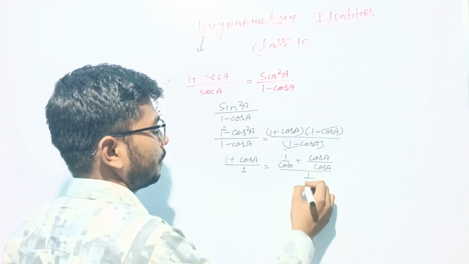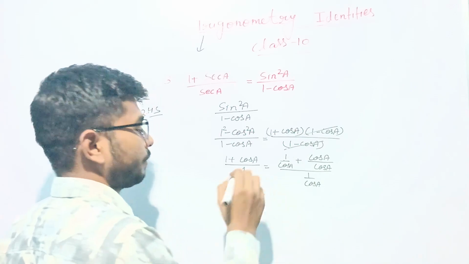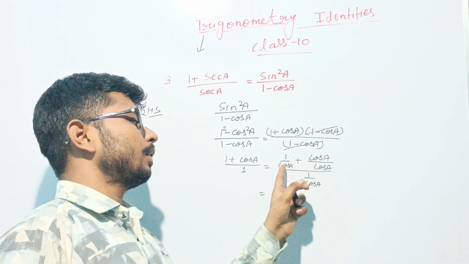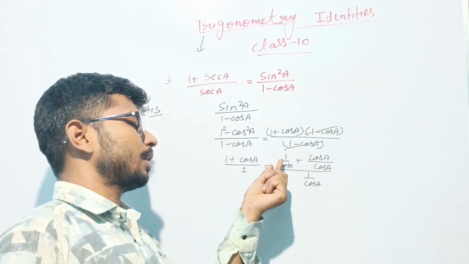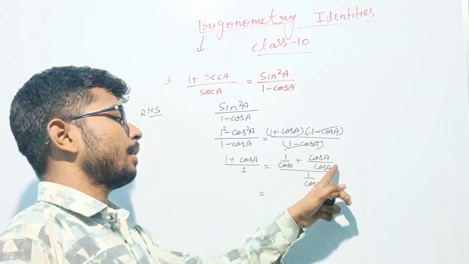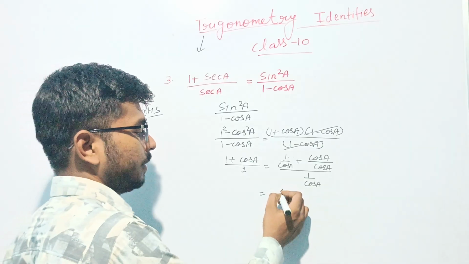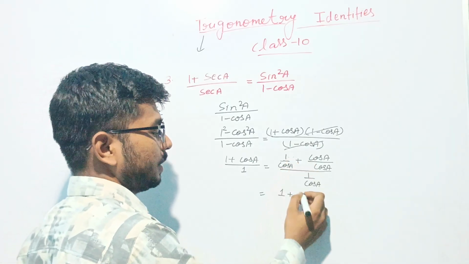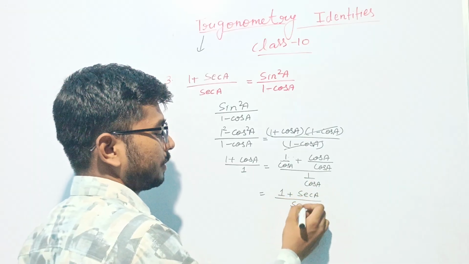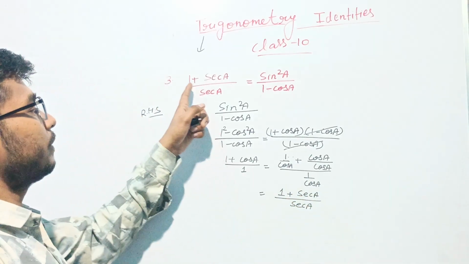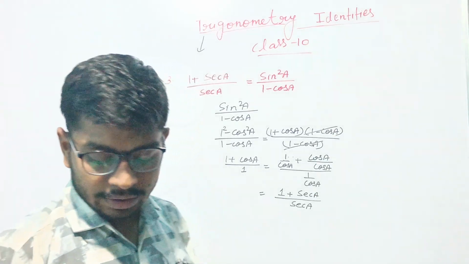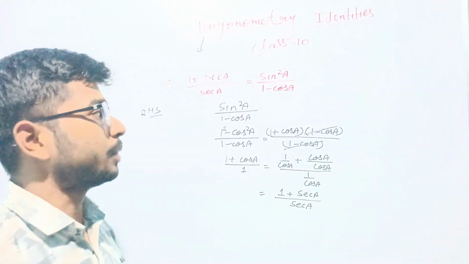I split this cos a, or we can write directly the full cos a, otherwise just write it separately: 1 upon cos a plus cos a upon cos a. So cos a upon cos a will be 1, and 1 upon cos is sec. So finally we get the same. Both ways we can solve. Okay, I will erase this and let's solve some other question.